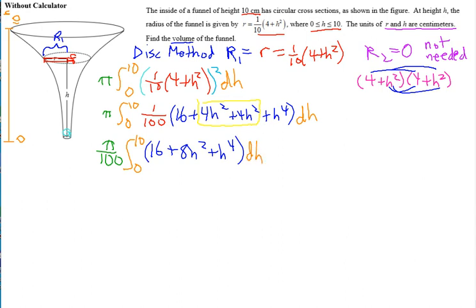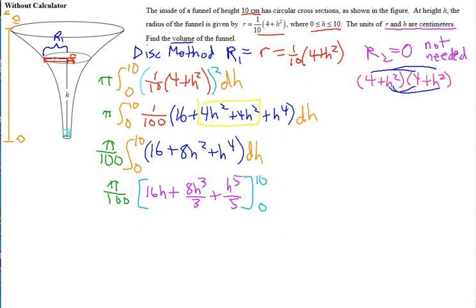So we have pi over 100 on the outside, and now we're going to integrate it. The integral of 16 gives you 16h, plus the integral of 8h squared is 8h cubed over 3, plus the integral of h to the 4th, h to the 5th over 5, from 0 to 10.